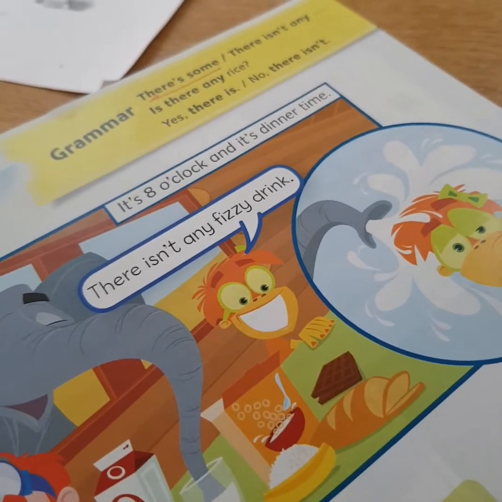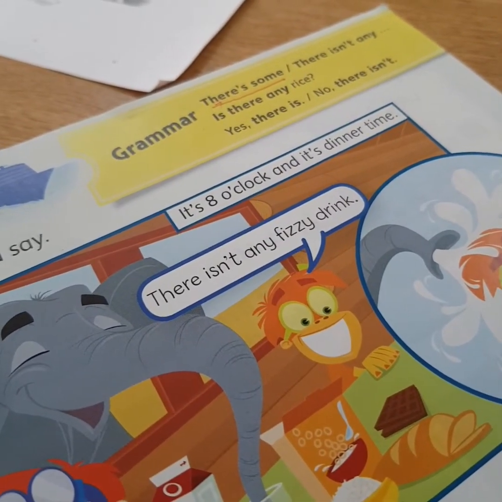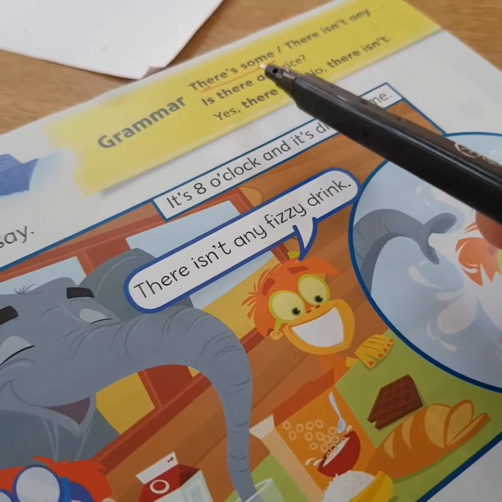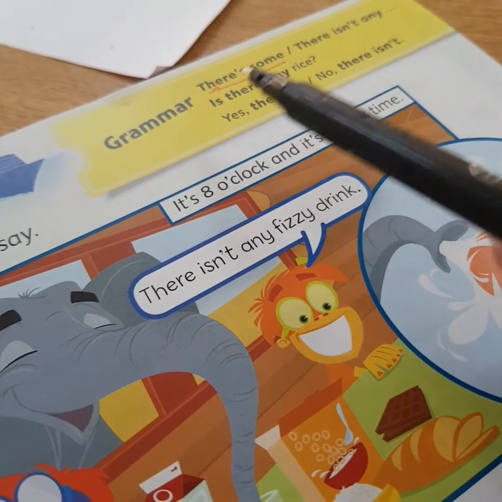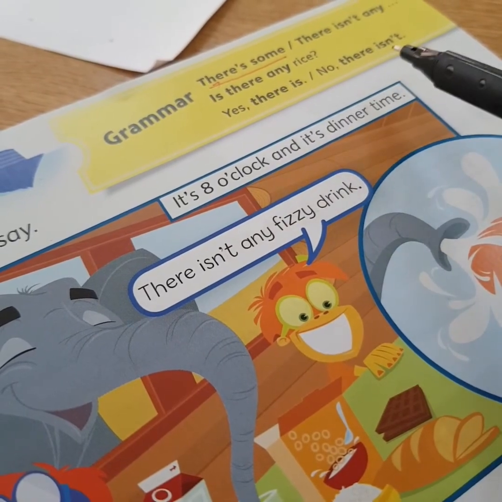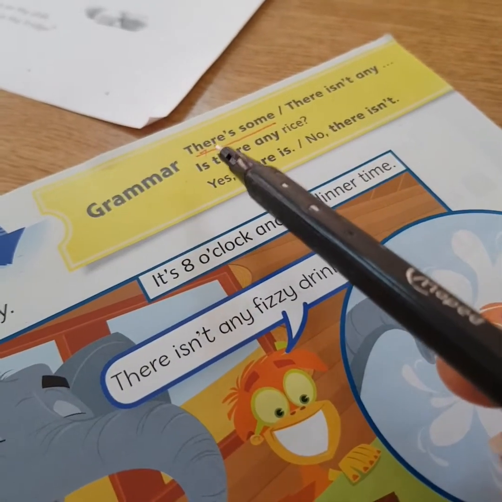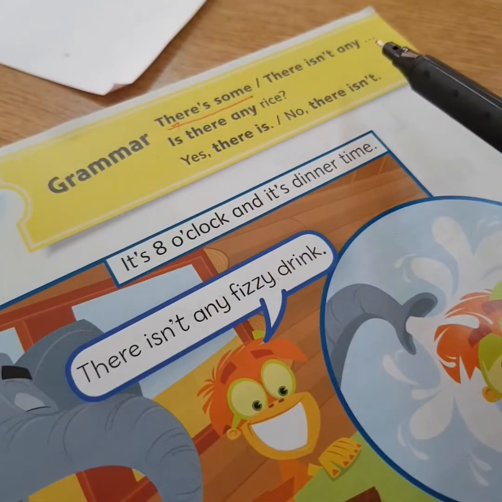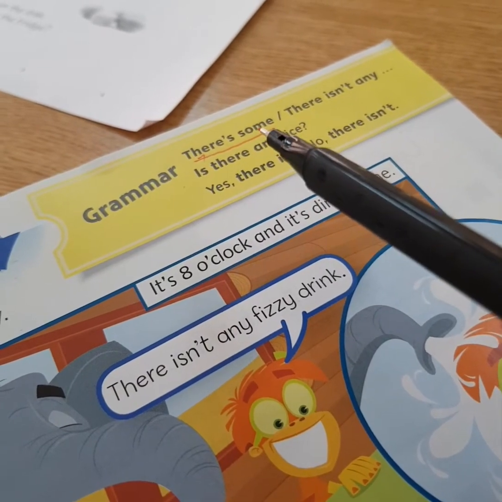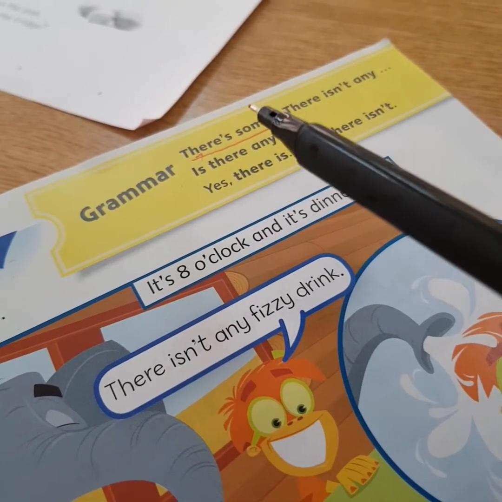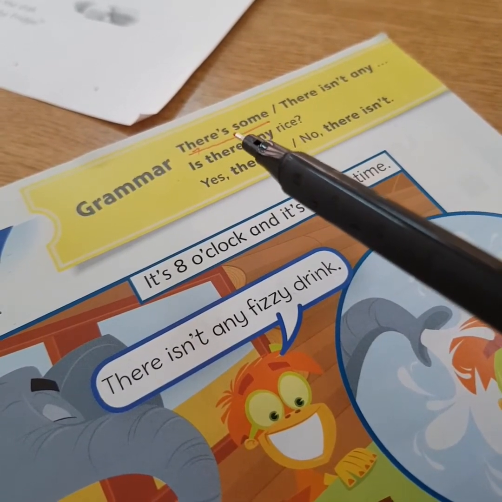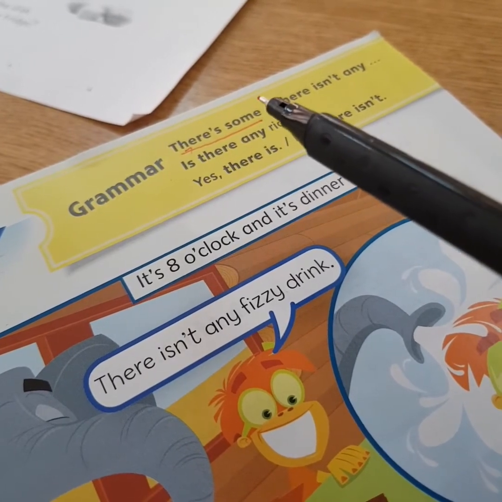Now, let's move to page 21, Pupil's book. خلينا ننتقل لصفحة 21 بالPupil's book. Let's read the grammar box. There's some. There isn't any. Is there any rice? Yes, there is. No, there isn't. So, we have there's some and there isn't any. I use there is with singular countable nouns الأسماء المعدودة المفردة and with uncountable nouns.